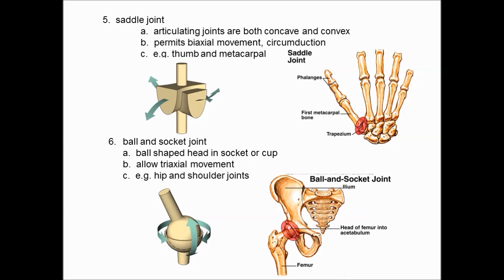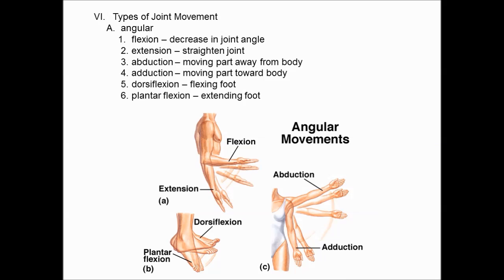Okay, another way we describe joints, and this is actually more useful than the functional classes, is by movement. When you go to a physician, often one part of the physical is they measure motility, or range of motion, in various limbs, and they classify it by name. These are the names by which we often classify the varying motility in a limb. For example, flexion is a decrease in the angle. So here's flexion of the elbow.